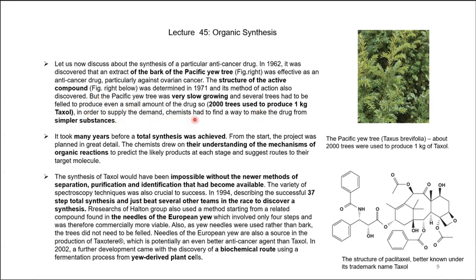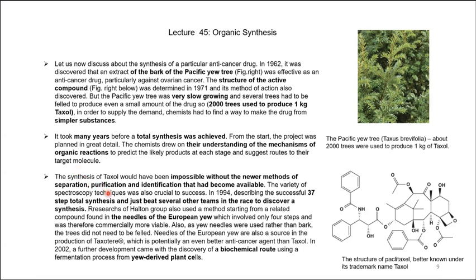So that's what I am saying. Chemists had to find a way to make the drug from simpler substances. It took many years before a total synthesis was achieved. From the start, the project was planned in a great deal. The chemists use their understanding of the mechanism of organic reactions to predict the likely product at each stage and suggest routes to the target materials.